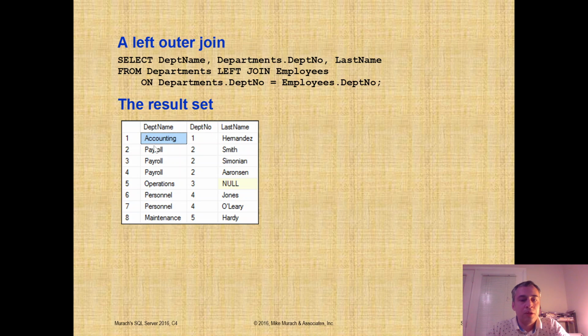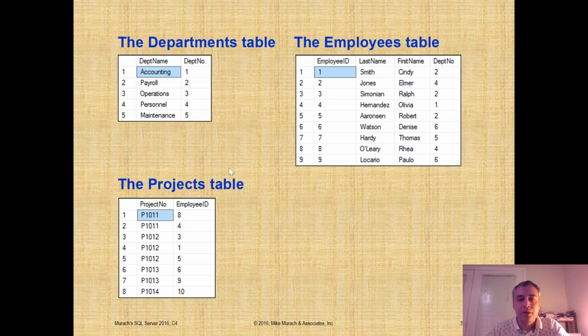So we got some values, accounting, department name, department number, and last name of the person in that department, but we also got null values. So operations, department number 3, does not have anyone assigned to it. Let's look back at the original table.